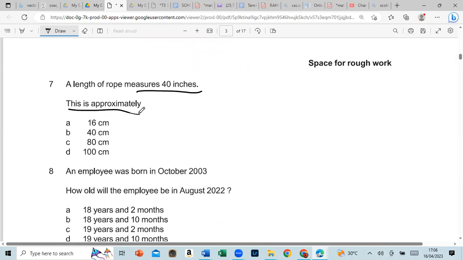This is approximately how many centimeters? 100 centimeters. 1 inch equals 2.54 centimeters, but we can just use 2.5. So we multiply 40 by 2.5, and that will give us our answer.